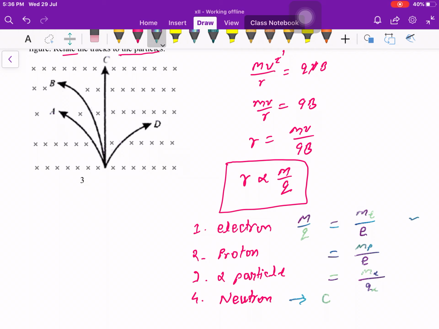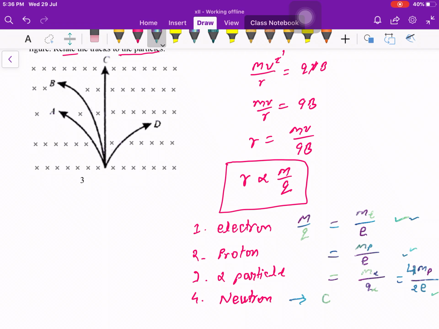Here it is the same for electron and proton in magnitude of charge. And what about the alpha particle? The mass of alpha particle is equal to 4 times the mass of proton, and the charge is twice the charge on an electron. So from here you can say which one is the maximum.